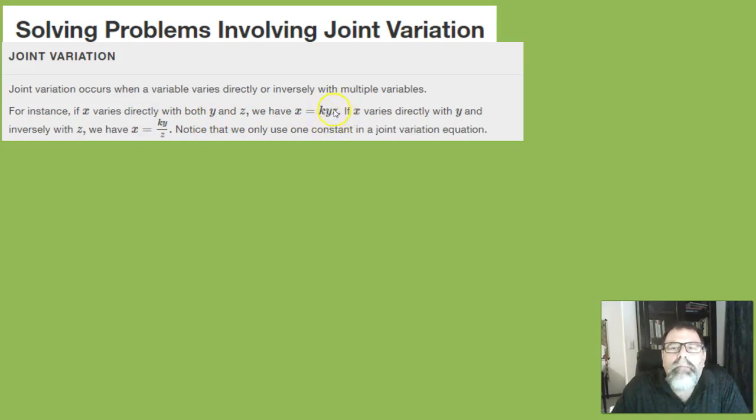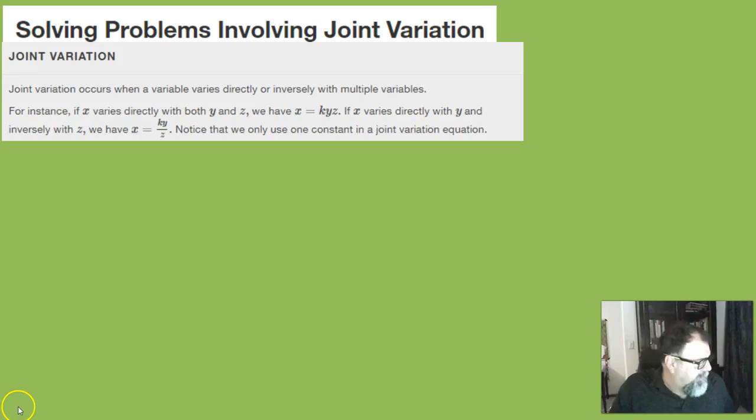So if it varies directly with both y and z, you just multiply them. And if x varies directly with y and inversely with z, we have x equals ky over z. So directly is multiplying and inversely is dividing. Notice that we only use one constant in a joint variation equation. So just 1 k, the constant of variation.